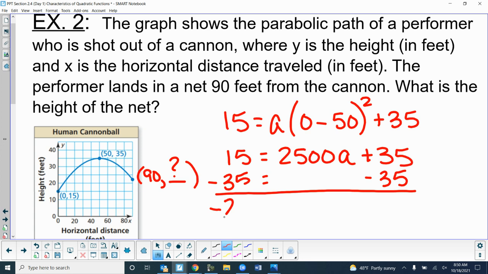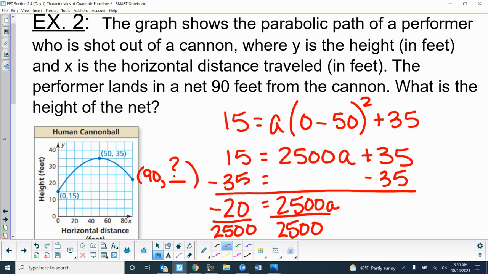And we get negative 20. And then divide by 2,500. And you can use a decimal if you want for the a value. Our a is going to be negative.